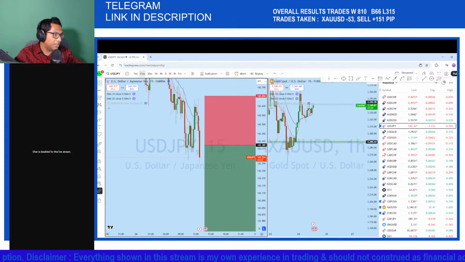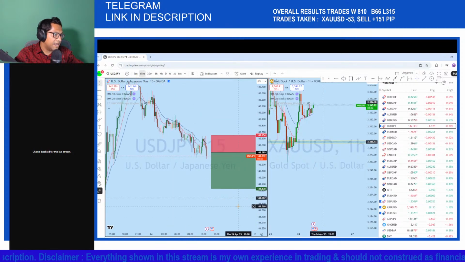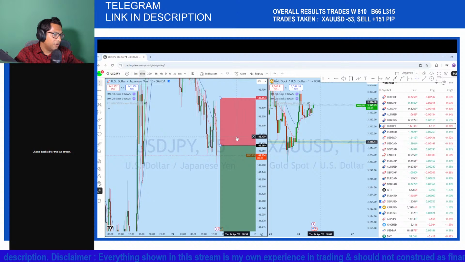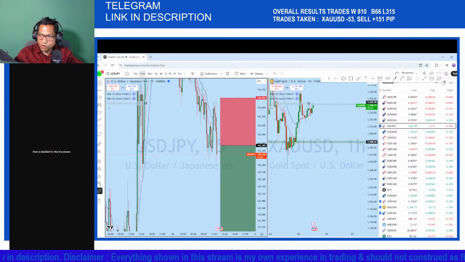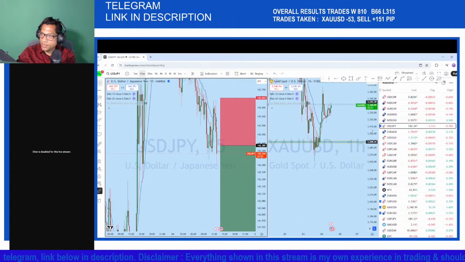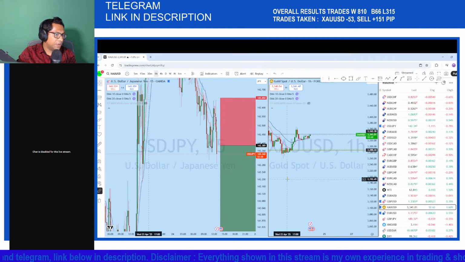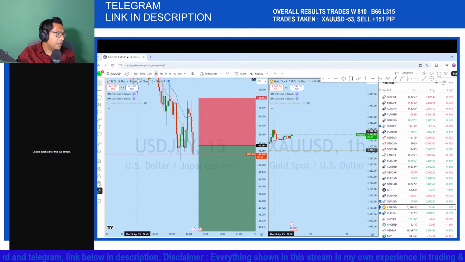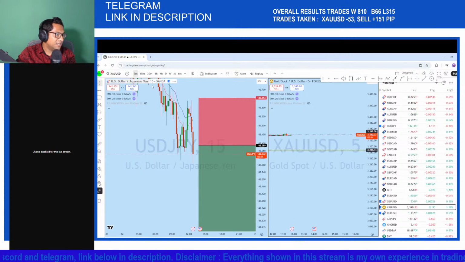So adding to the winning is the key, and then running the winner for long enough. I hope you are starting to understand how to trade this kind of pattern, how to add to the winner, how to keep the winner running, and also how to do the analysis.